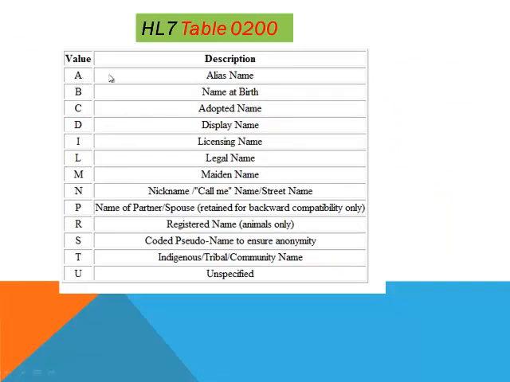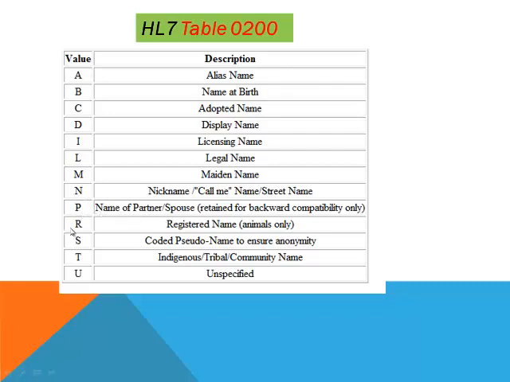For example, A means alias name. B means name at birth. C means adopted name. D means display name. I means licensing name. L means legal name. M means maiden name. N means nickname.